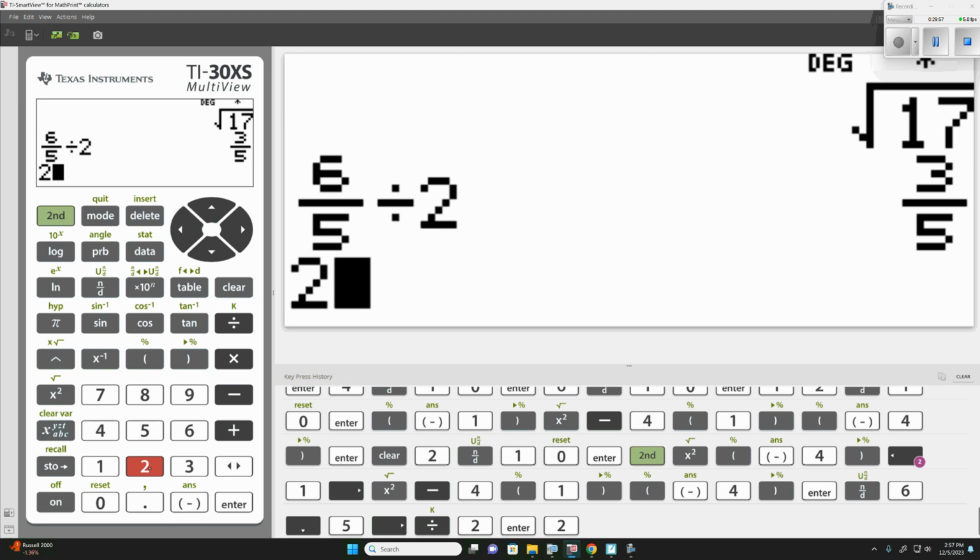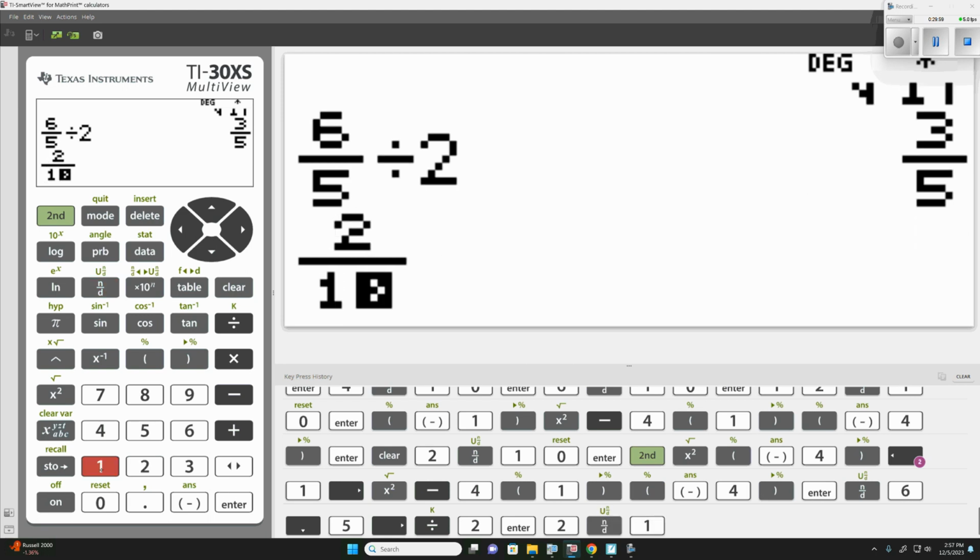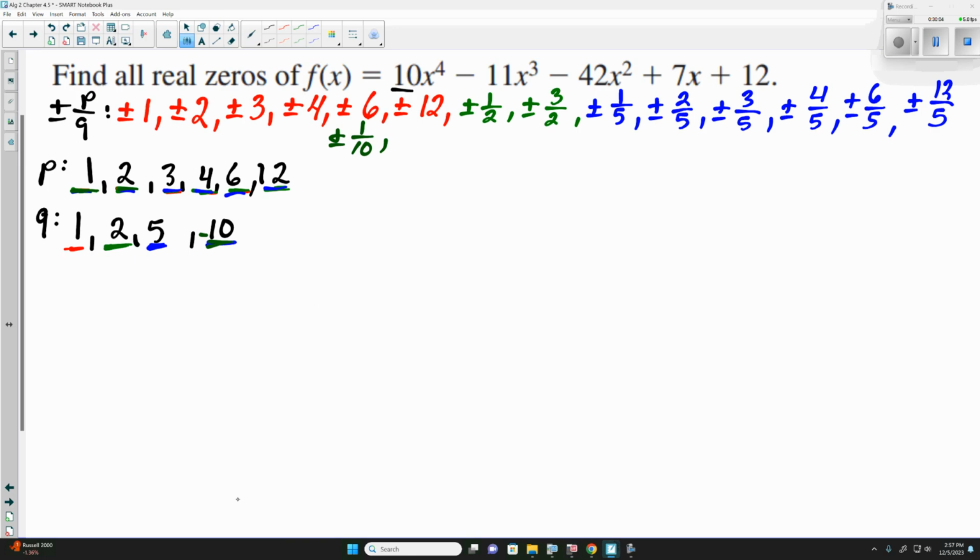Well, 2 over 10 is 1/5, so we don't have to list it. 3 over 10 is plus or minus 3/10. 4 over 10 would actually reduce to 2/5. 6 over 10 reduces to 3/5. And 12 over 10 reduces to 6/5, which we already have.